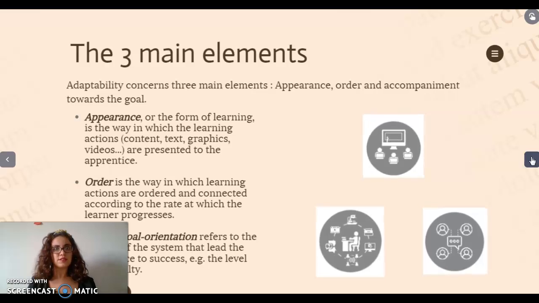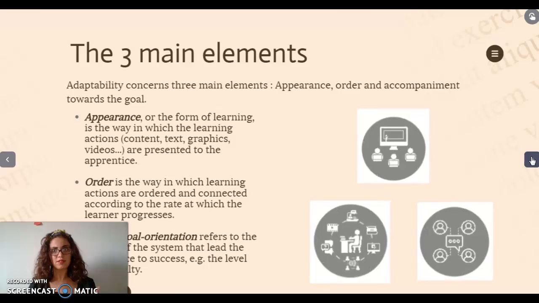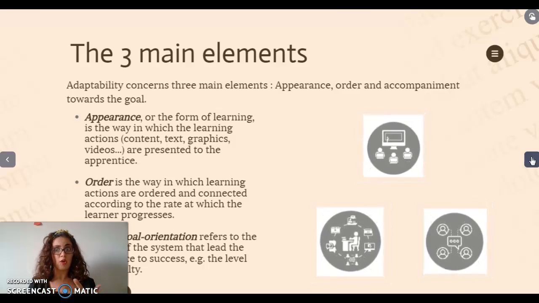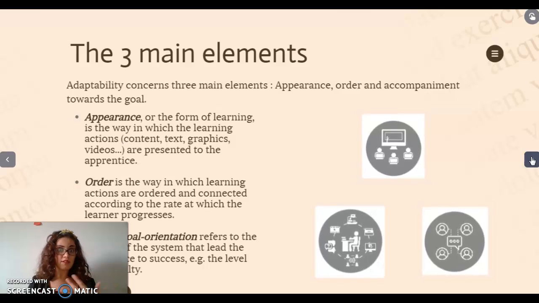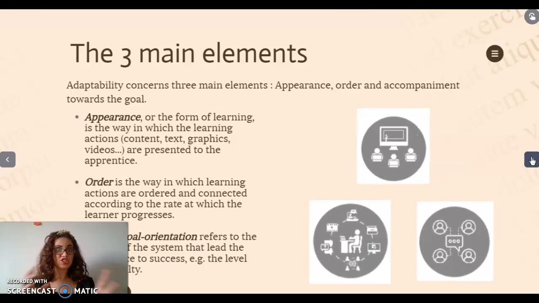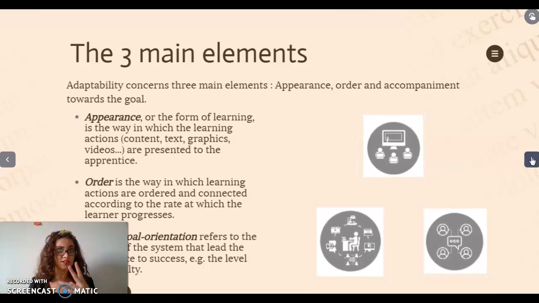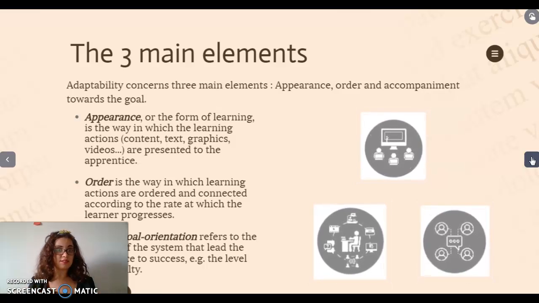And what are the three main elements? There is appearance, order, and accompaniment towards the goal. Appearance is the form of learning, the way in which the learning actions, the content, text, graphics, and videos are presented.